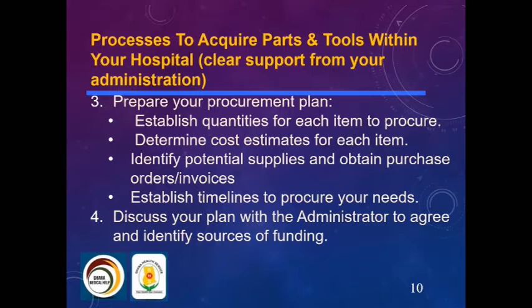Timelines are very important, especially when it comes to consumables. If you need oils and filters in order to keep maintaining your equipment, you need to have timelines, because some of them have expiry dates. If you procure certain items and keep them on your shelf, they may expire.